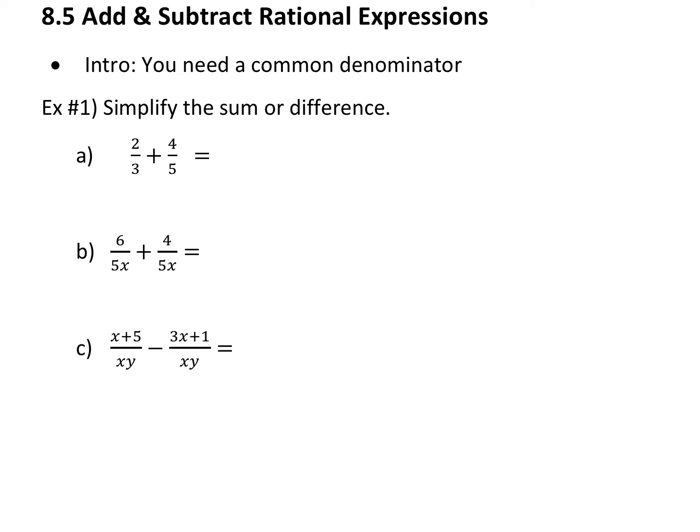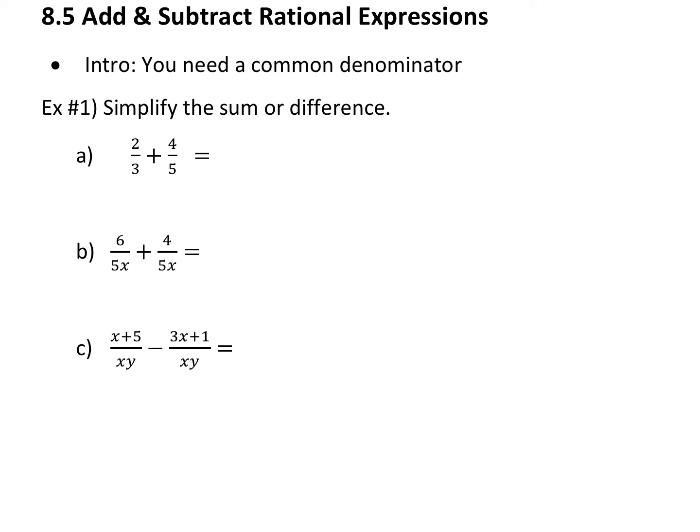What do you do to add 2/3 and 4/5? What would your common denominator be? 15 makes the most sense. Okay, you could do other ones, but 15 makes the most sense. Prefer the least common multiple with this.